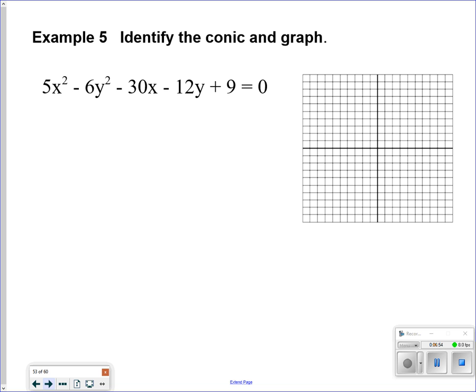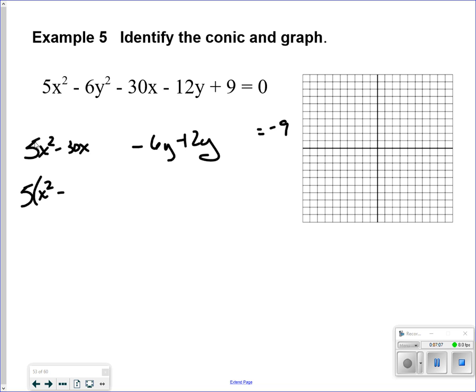It's a hyperbola. Get the x's together, the -6, -12y together, and put the constant on the other side. All right. Take out a 5. Half of 6 is 3, squared, times the 5 adds 45 to the other side. That would complete the square for x. Take out a -6.